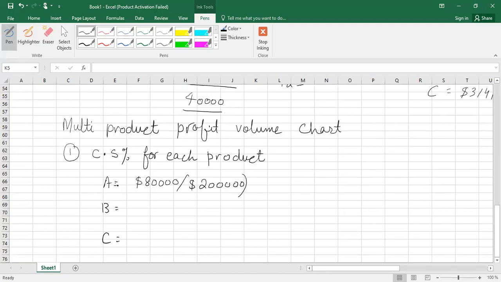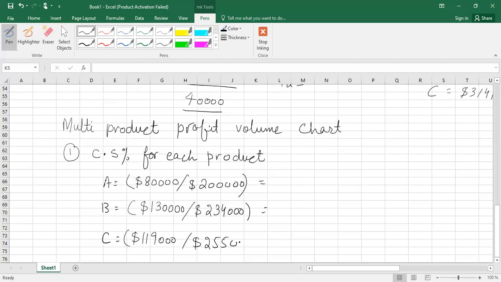Either you multiply with the 100 to convert in percentage, or you can use decimals as well. Here we have 130,000 as total contribution and total revenue is 234,000. Here we have total contribution of 119,000 and revenue is 255,000.